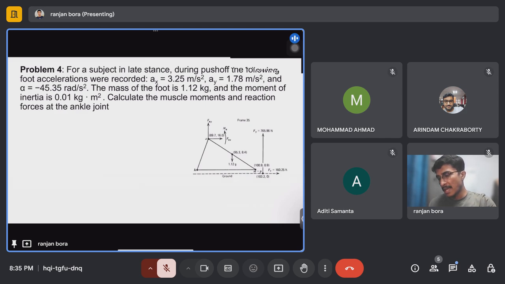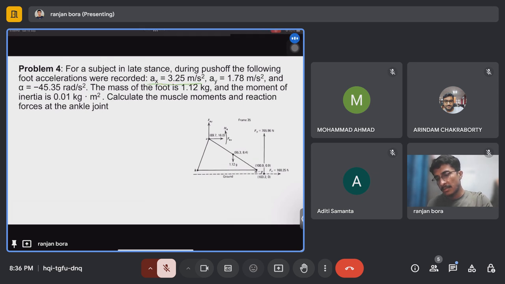The accelerations are given, so it is not a static problem. We cannot use the static equations; we need to use the dynamic equations. The mass is given as 1.12 kg, and the moment of inertia is 0.01. We need to find the muscle moments and reaction forces at the ankle joint.